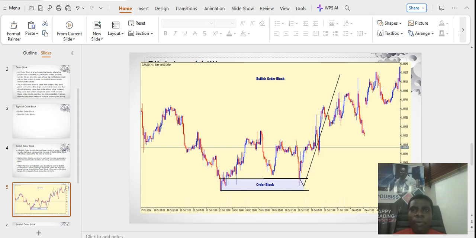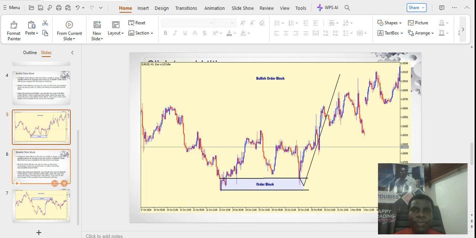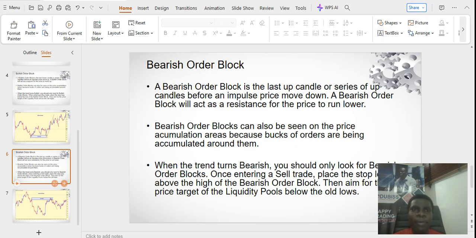Now we also have the bearish order block. What is the bearish order block? A bearish order block is the last up candle or series of up candles before the impulsive price move down.